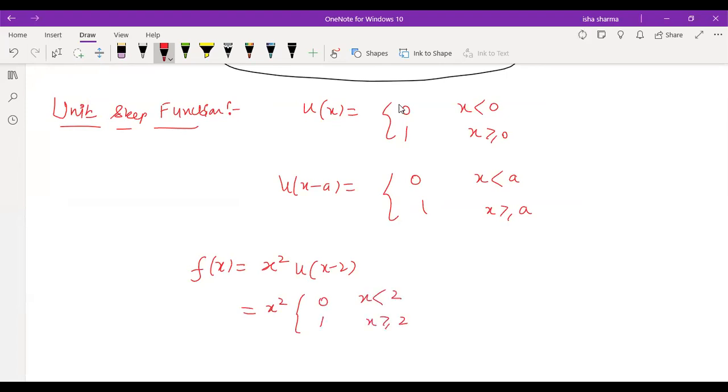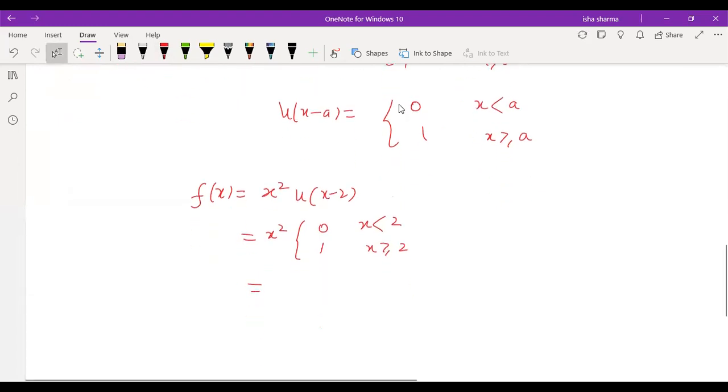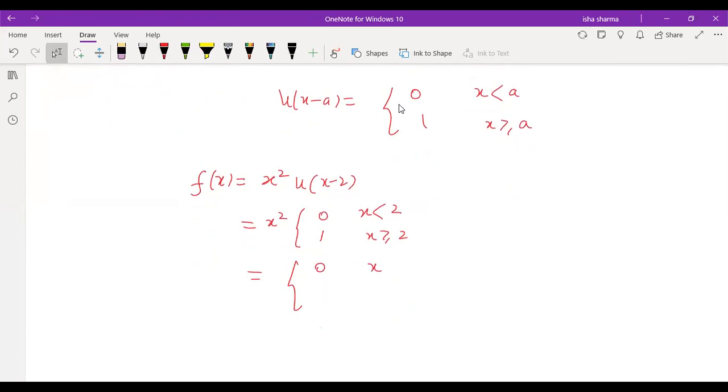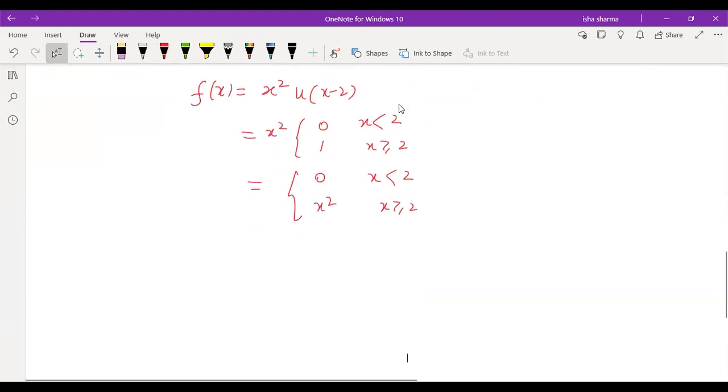So this is the definition of the unit step function. This is eventually going to be 0 for x less than 2, and x square for x greater than or equal to 2. So that just gets multiplied inside. x square times 0 is 0, x square times 1 is x square. These are some simple calculations you will require in your questions. So this is how you do the function multiplication with the unit step function.